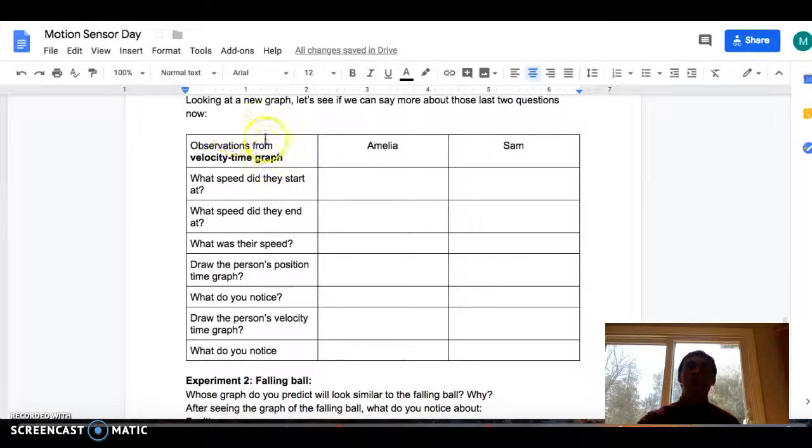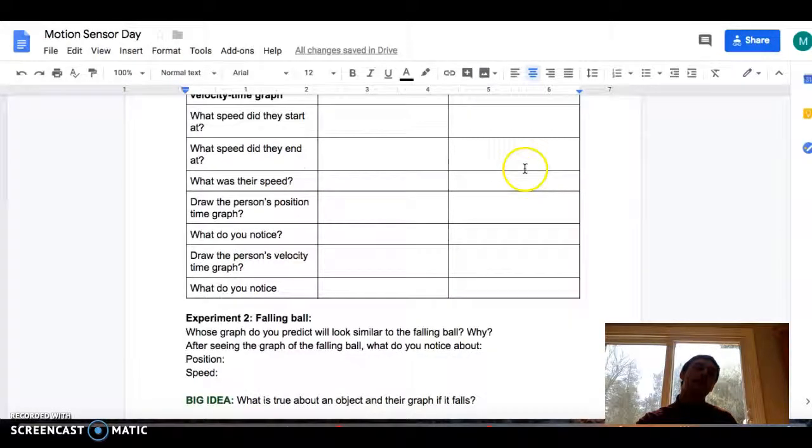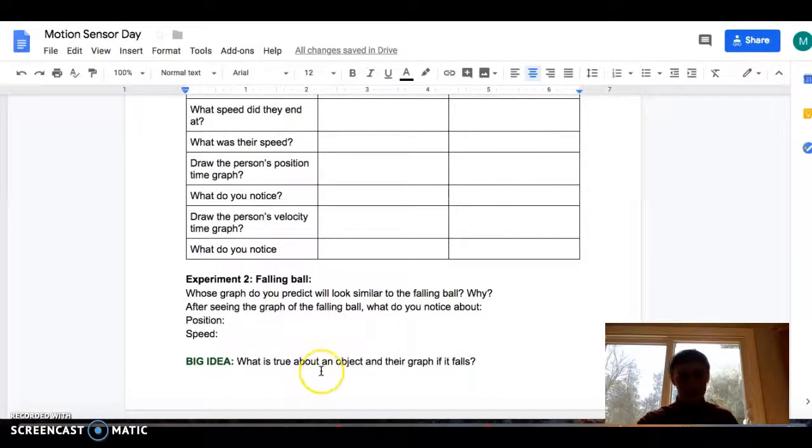I can pull up this velocity time graph right here, and they'll notice that the velocity time graph for Amelia will be constant. It will be a straight line. But for Sam, it will be increasing, coming to the big conclusion, the big idea, that when objects fall, their velocity increases.